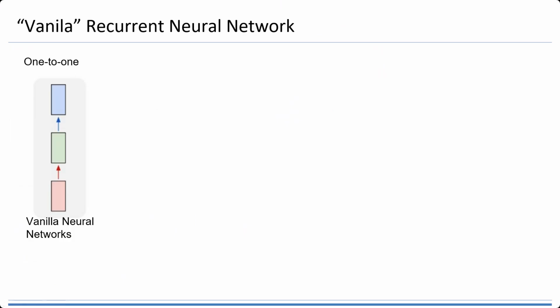RNN, or we call it the recurrent neural network. We call vanilla. So the word vanilla, it means that this is the original RNN, or the common approach in RNN. We call it, this is 1-to-1, because we have one input and there will be one output.